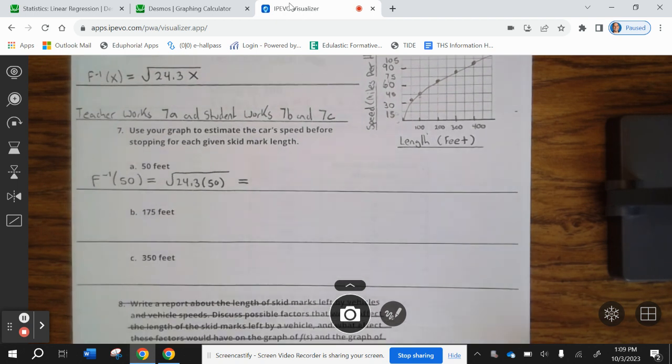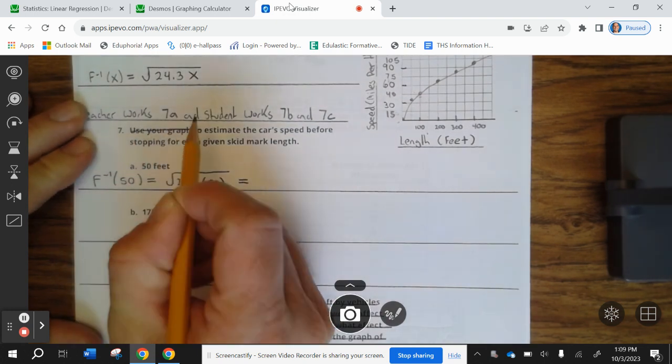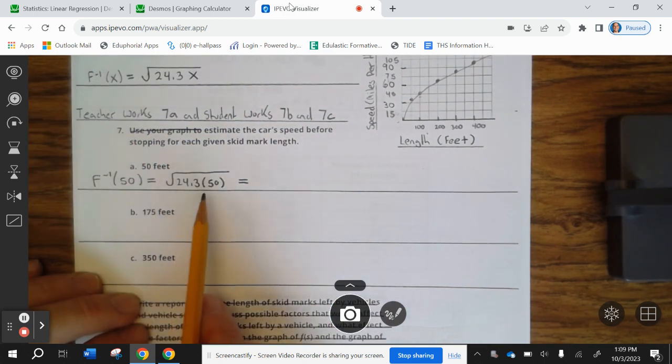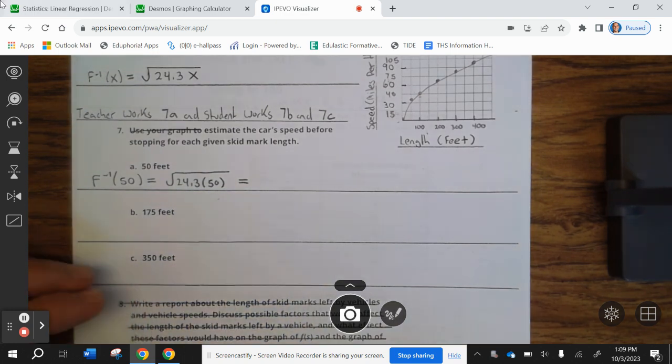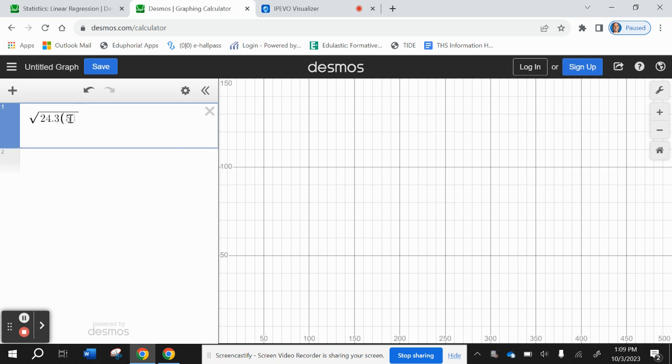So all you have to do, it says use a graph to estimate the car speed before stopping for each given skid mark. Really, you don't need that part. All you have to do is plug in this number into the equation. Okay? So we can go to Desmos, and we can change the x times 50, and we'll get that number.